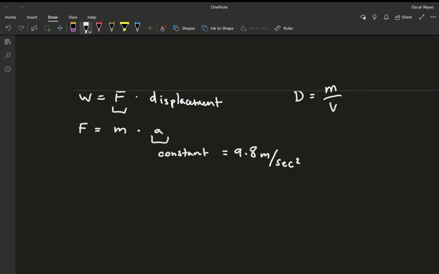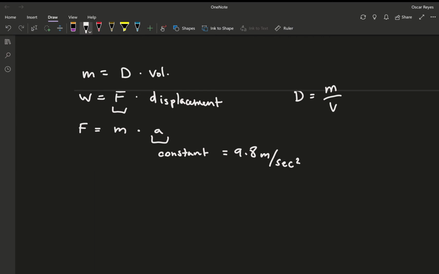Because you're going to be given a volume, and we might be given a density, and we're going to have to use that to calculate our mass to plug into our force equals mass times acceleration formula. We can manipulate this formula, because sometimes we're going to need to find out what our mass is, and mass is equal to density times volume.